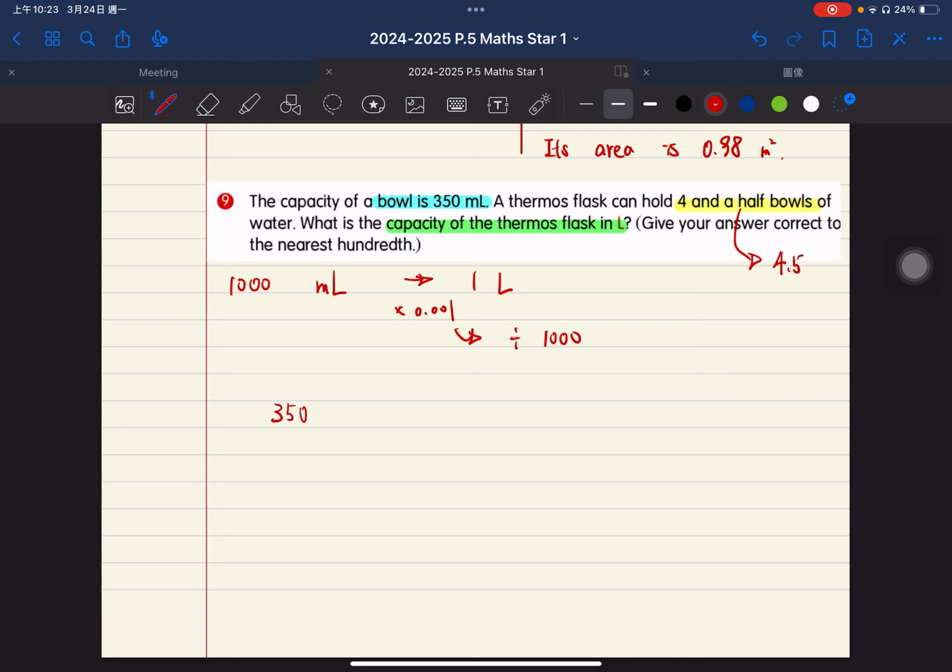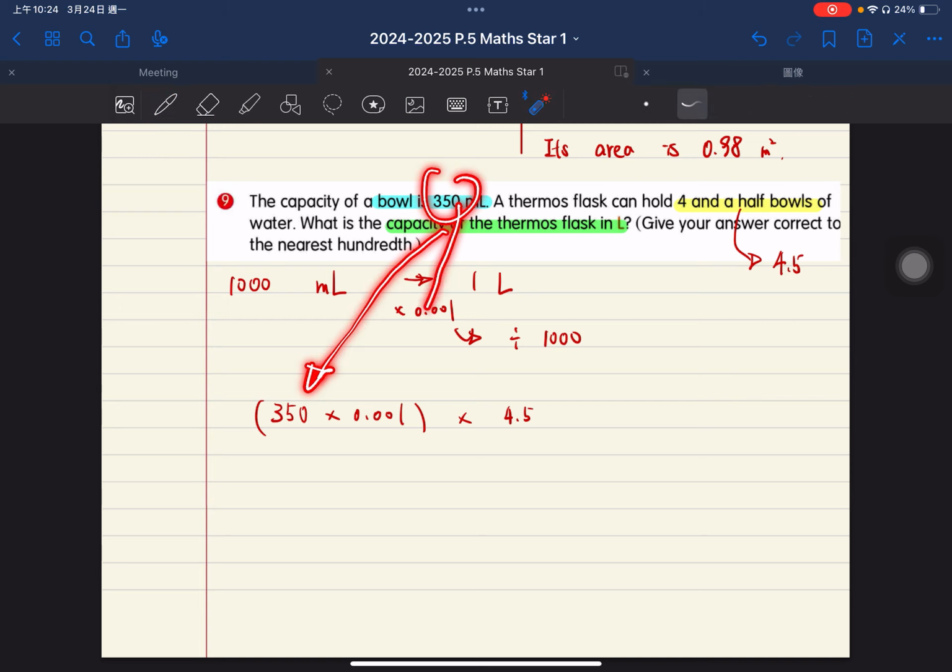I do it directly. 350 milliliter times 0.001, which is the capacity of one bowl, and there are 4.5 bowls. It is coming from 350, change it to liter, and then there are 4.5 in total.